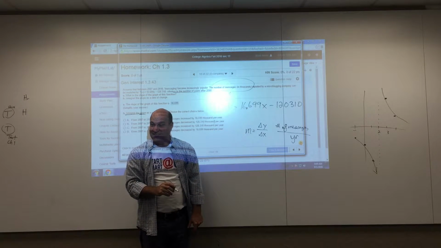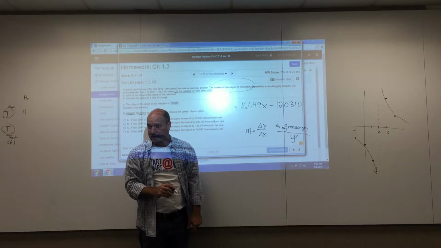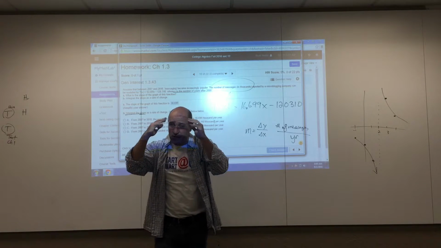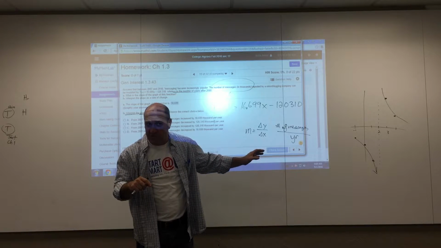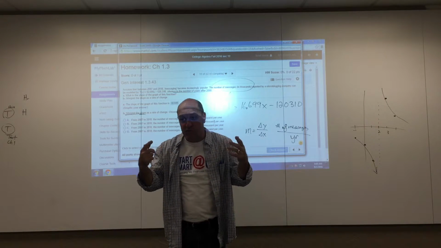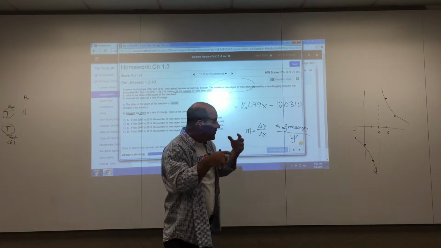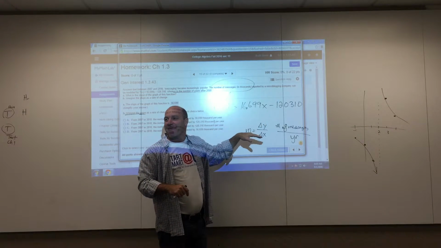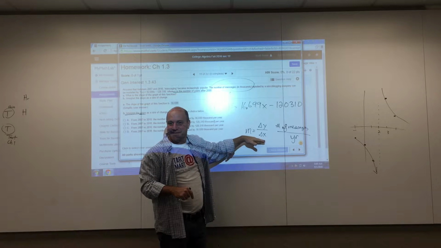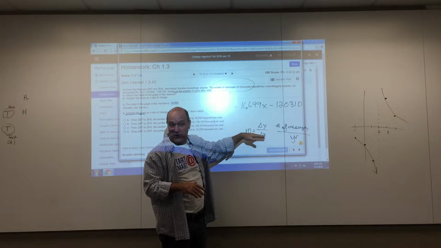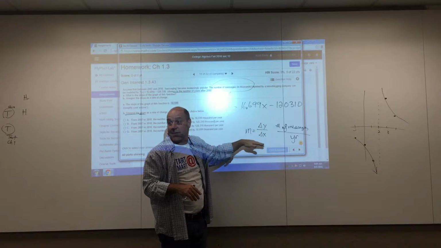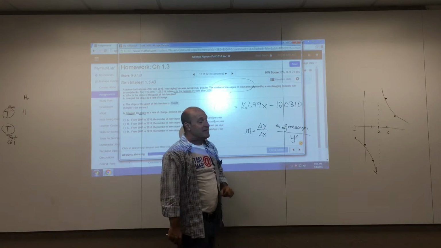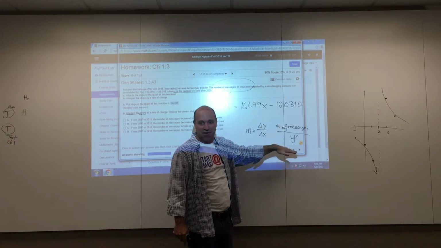Not a big deal, not too hard, but maybe you're not used to doing that. You're used to finding the slope, but maybe you're not used to interpreting the slope. And the slope is a rate. I've used the word rate of change. When you think of a rate, the most popular slope is miles per hour. That's a good slope that happens in real world problems. Distance over time, miles per hour. This one's number of text messages per year.